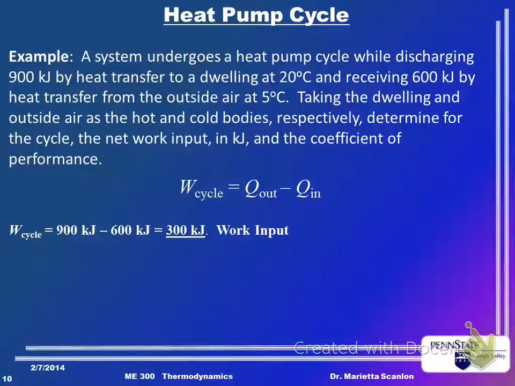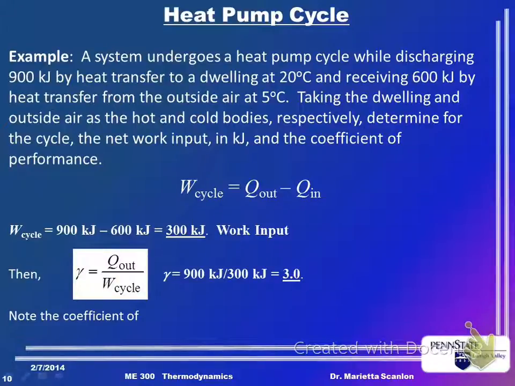If you do a first law chart and do a cycle, you should get a value of negative, which is understood as work in. So it should be positive, this is the bottom line. But we don't have negative kilojoules, so are we to assume that it's negative work? By saying work in, you're saying it's done on the system. Okay, so it's the terminology of it. And then gamma is Q out over work cycle, so 3.0.